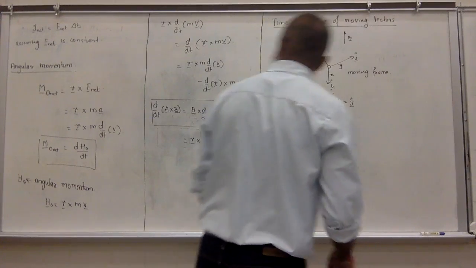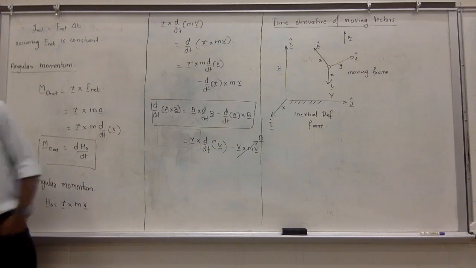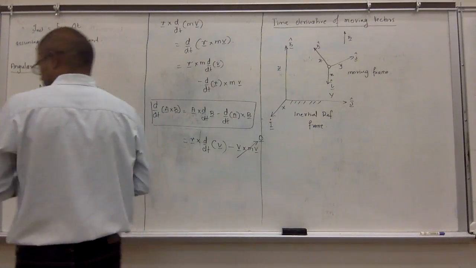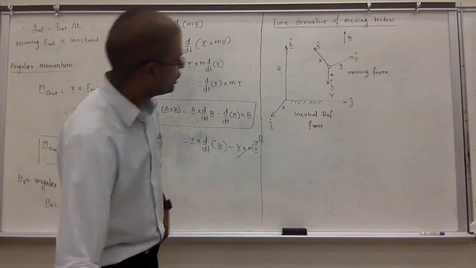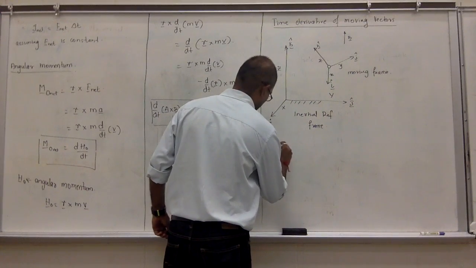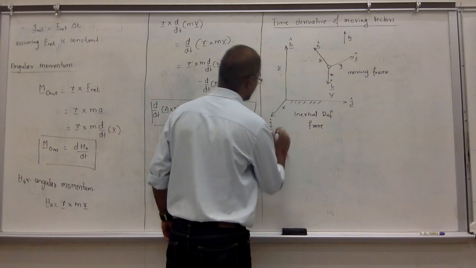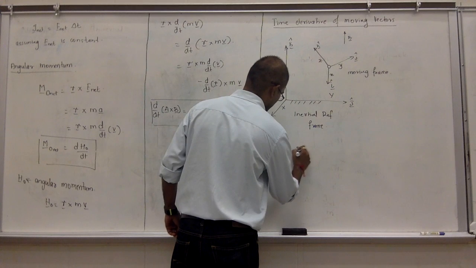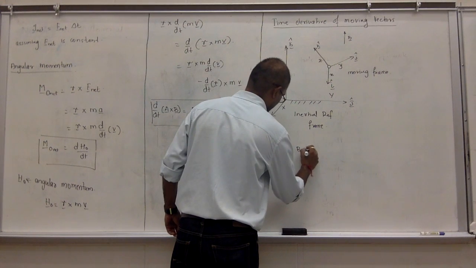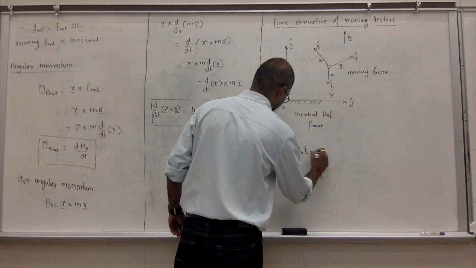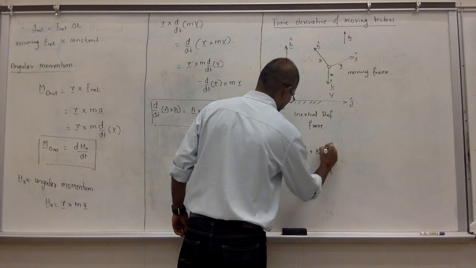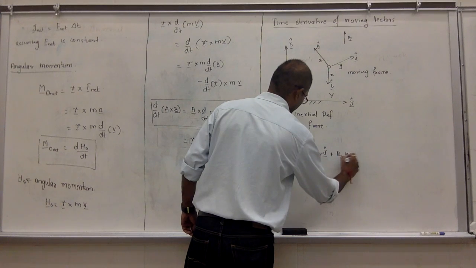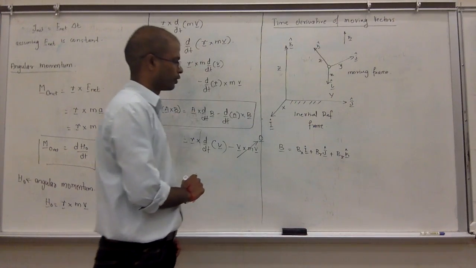Now, vector b can be expressed as bx I plus by j plus bz k.